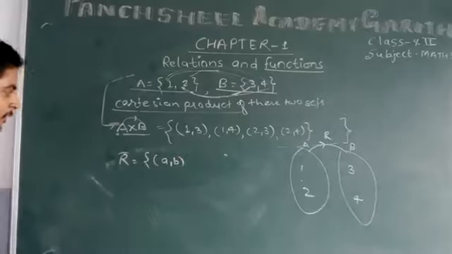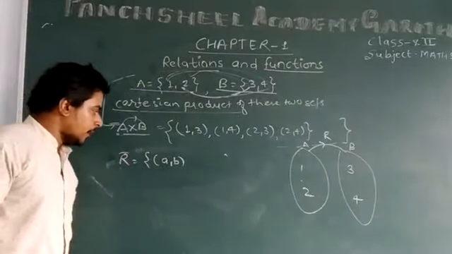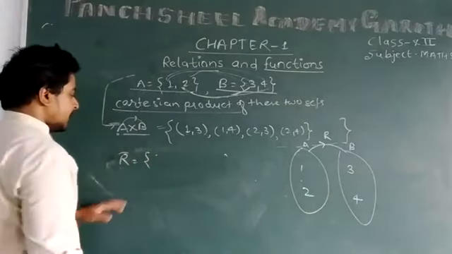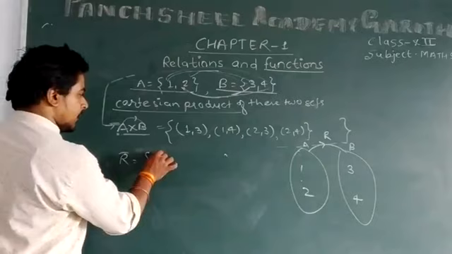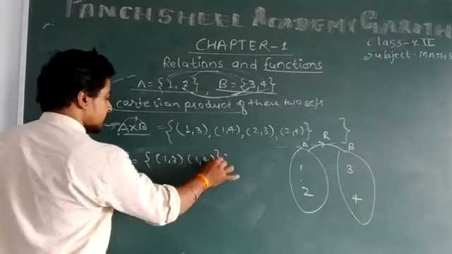In our previous class we studied that a relation contains ordered pairs. So suppose it contains the ordered pairs (1, 3) and (1, 4).